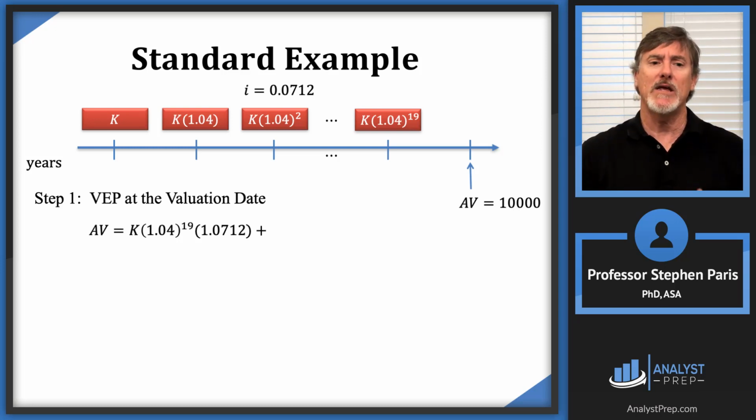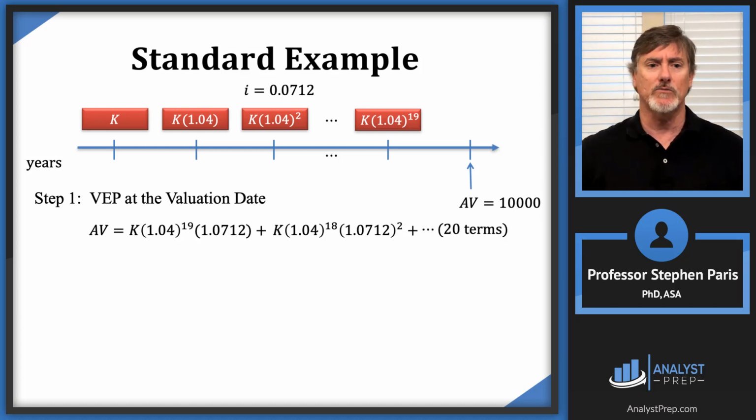The payment immediately before that, which is not shown, would have been K times 1.04 to the 18th, and to value it at the valuation date I accumulate it 2 years, multiplying by 1.0712 squared. That's the pattern. Again, I only need those first 2 terms and the fact that there are 20 terms total.